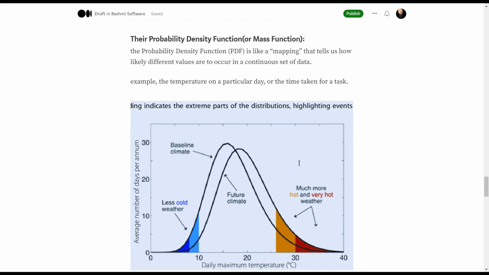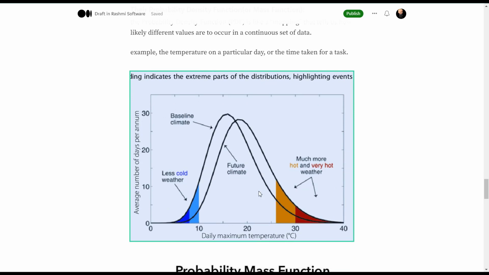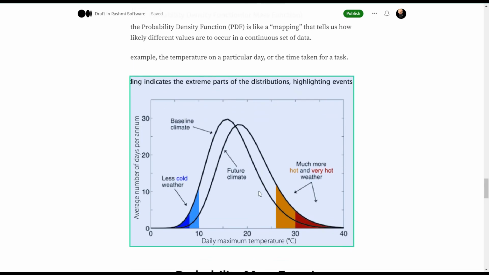It's for temperature. You can see the probability density function here shows less cold weather, and after this situation the baseline climate slowly goes down, and again this is another future climate.